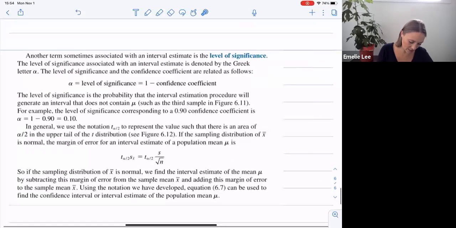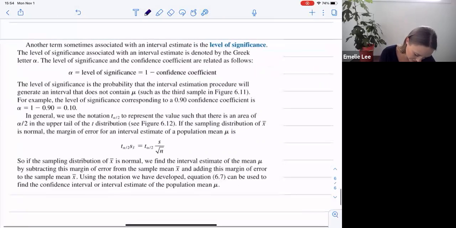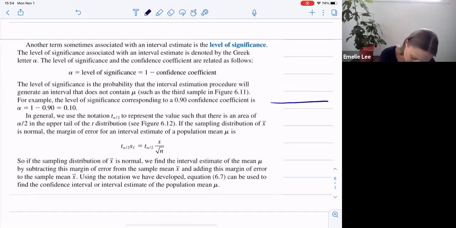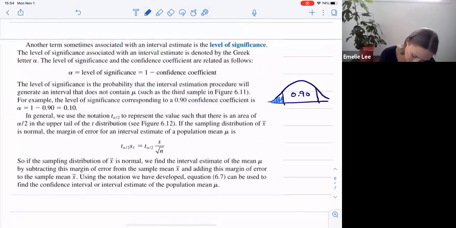So we use this notation T alpha over 2, because we've got this interval here, which is 0.90, which means that here, this is 0.10 divided by 2.